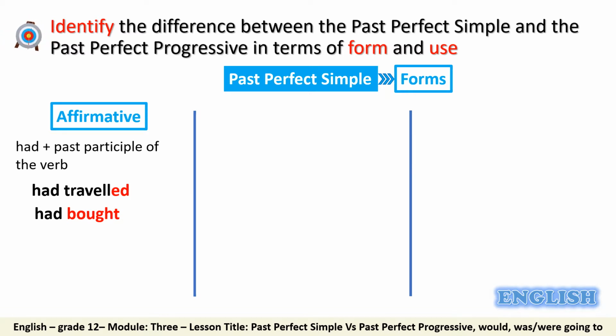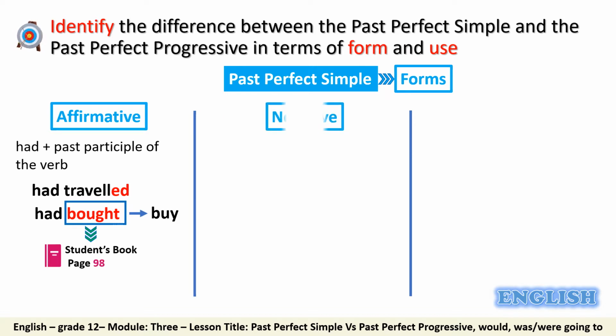Then had bought, and the past participle of the verb here is irregular. The base form of bought is buy. A list of irregular past and past participle verbs is available in your student's book, page 98.